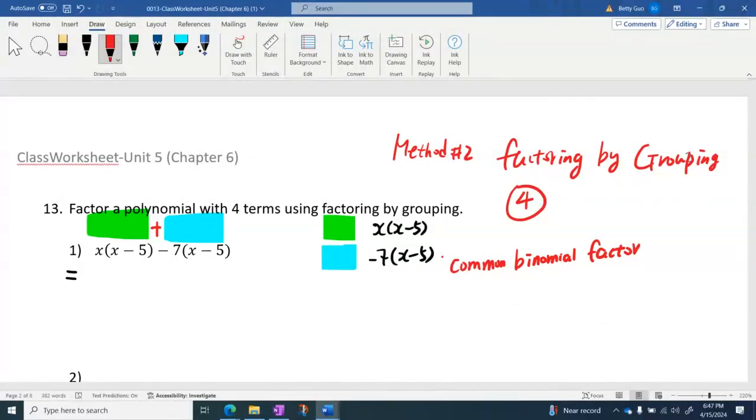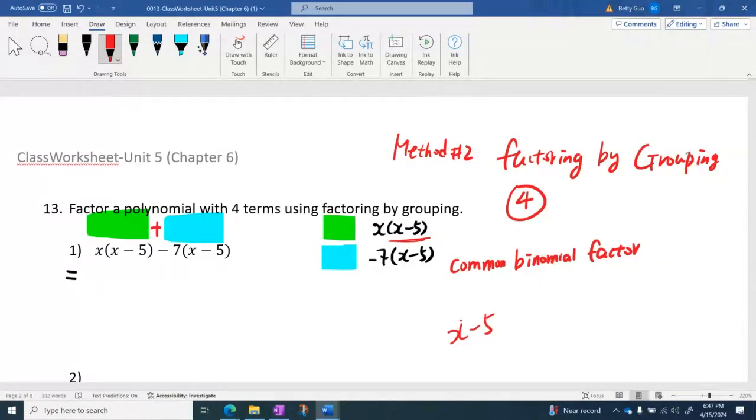In this case, x minus 5. x minus 5 is a binomial, right? And it is a factor of the green part.